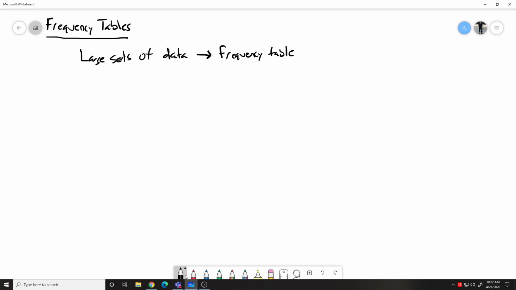So for example, let's say that I have this data set. It's a lot of numbers, but I'm going to write it down so we can see it. 0, 3, 2, 2, 0, 2, 2, 0, 2, 2, 2, 1, 0.